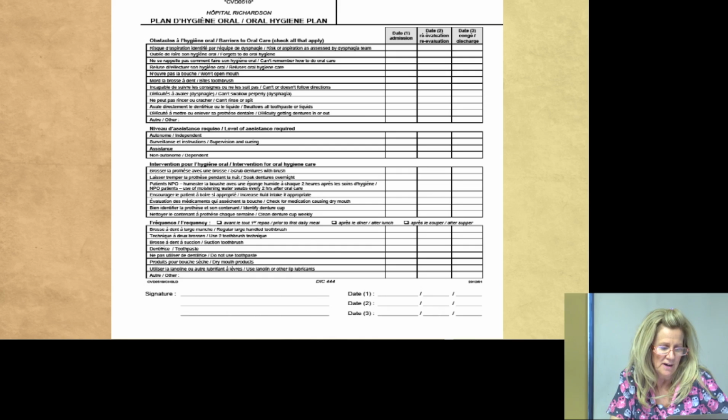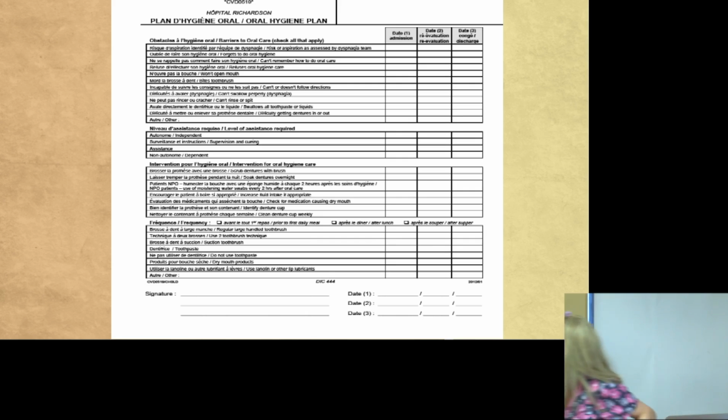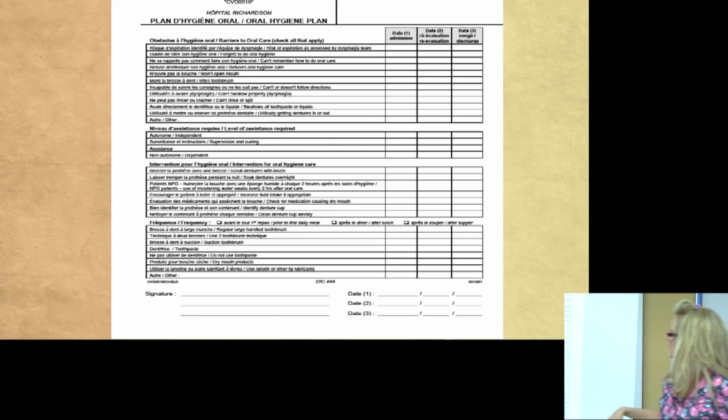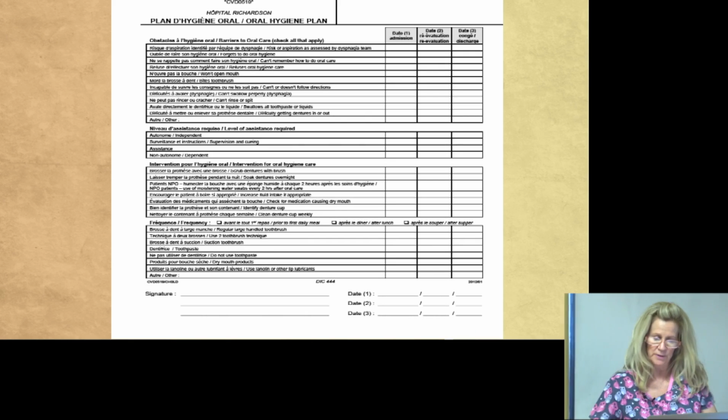They can tick off items that we have to check when doing oral hygiene with our patients, could be the white tongue. If they need supervision or cueing, they will tick off what we need to check. So no need to worry, everything will be there.